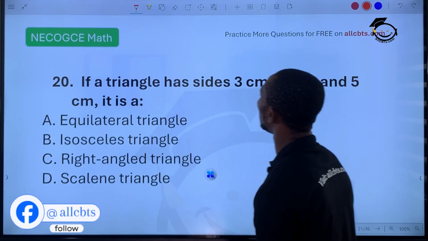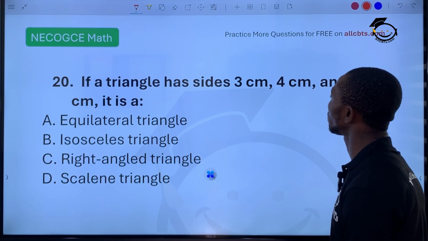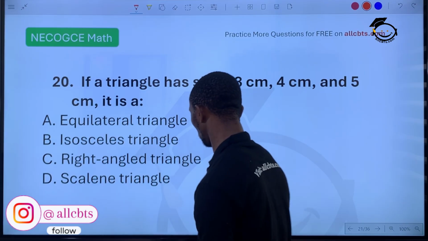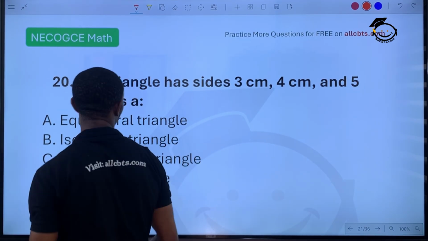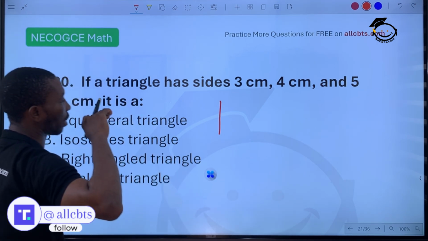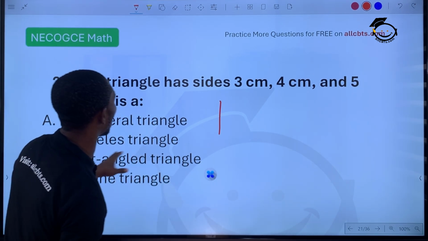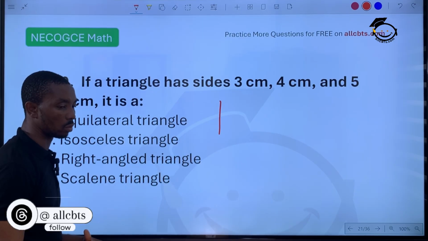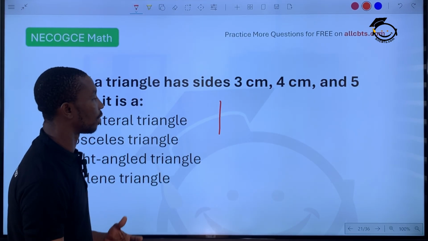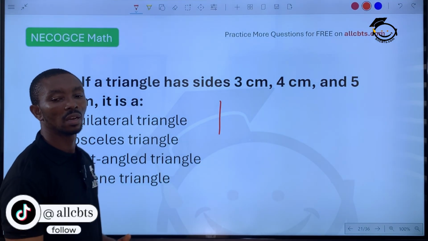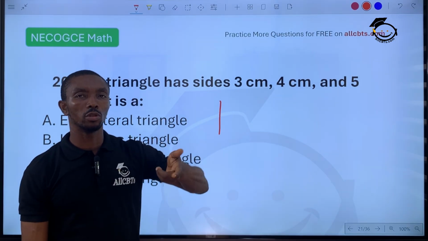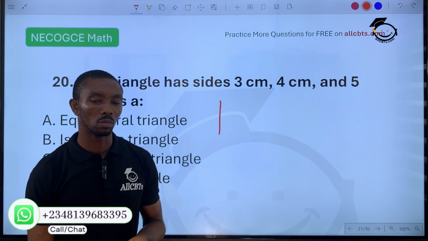If a triangle has sides 3 cm, 4 cm, and 5 cm, what type of triangle will it be? Normally, we are told that a triangle that has 3 different sides is a scalene triangle. True. But now we need to evaluate another aspect of it. Do these 3 numbers obey Pythagoras rule?